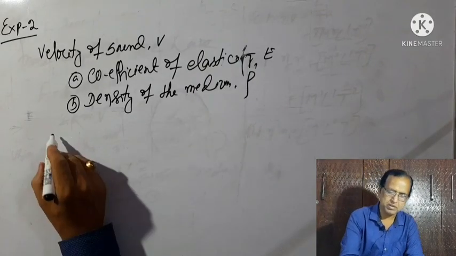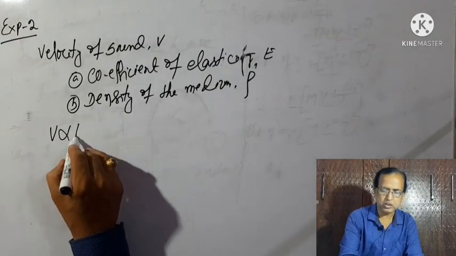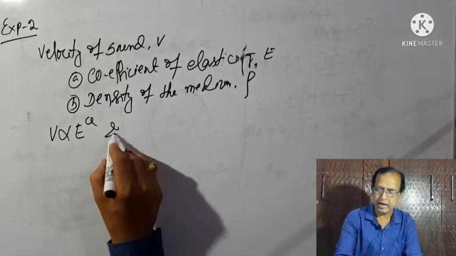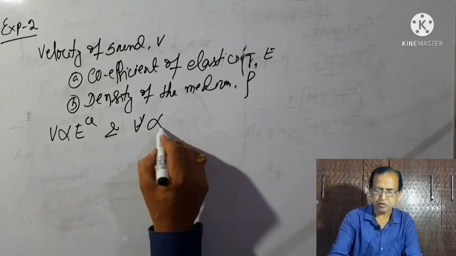Okay, so that means V is proportional to E to the power a and V is proportional to rho to the power b.